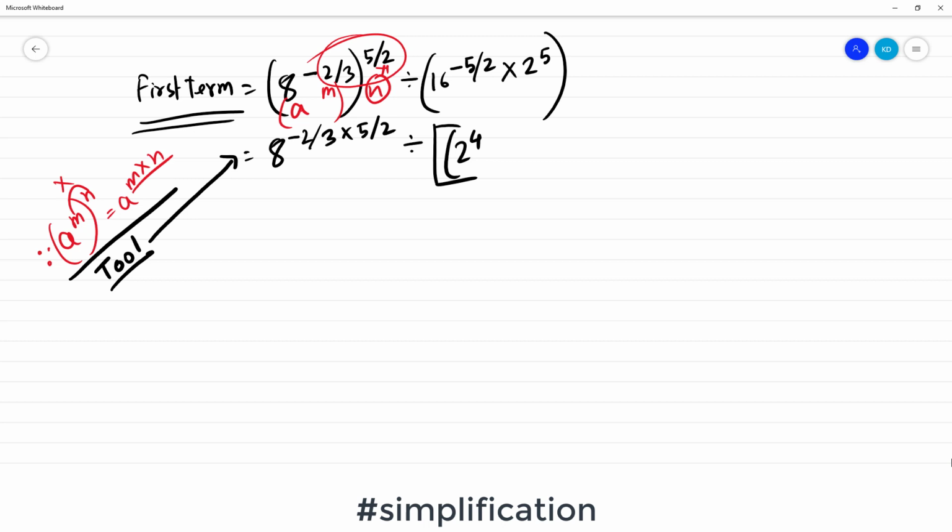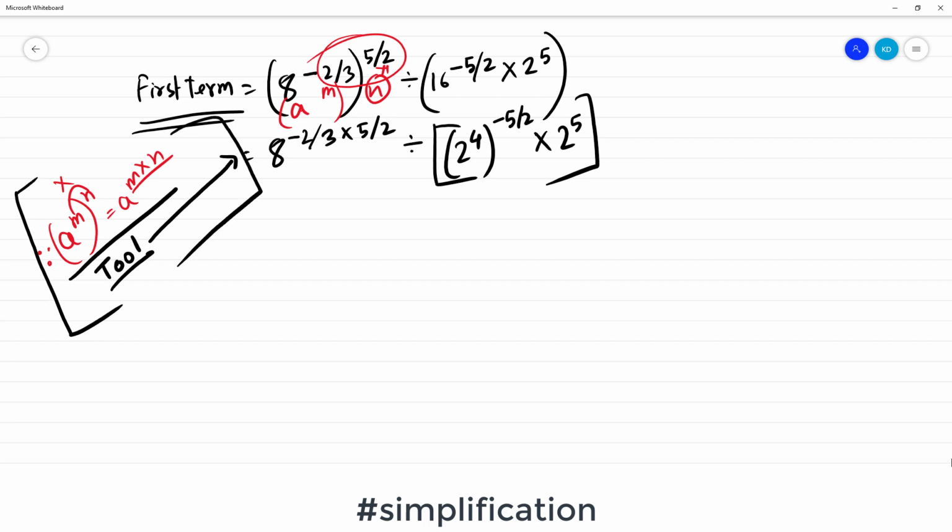Now minus 5 by 2 and into 2 to the power 5. Don't worry about this problem. When you see this kind of problem, just remember this is our tool. Now do you get it?